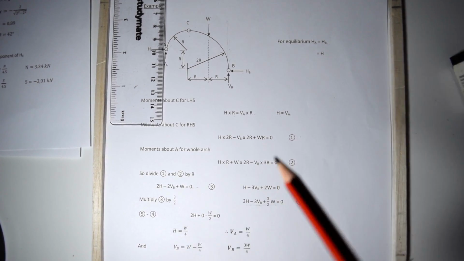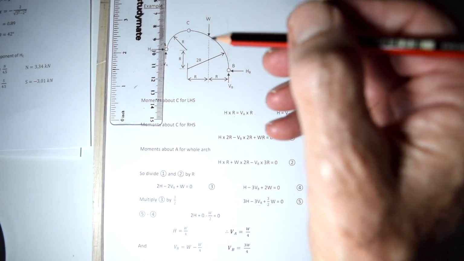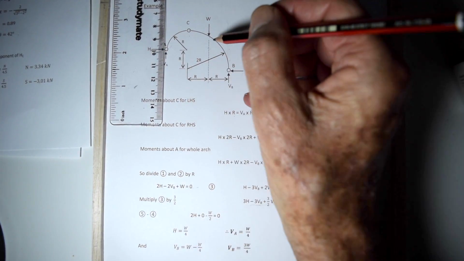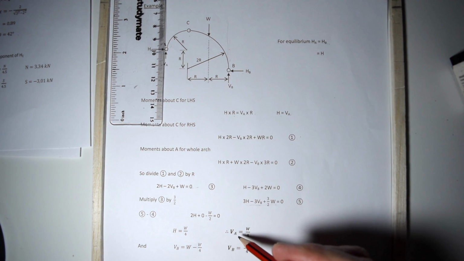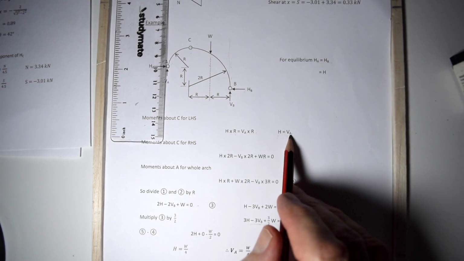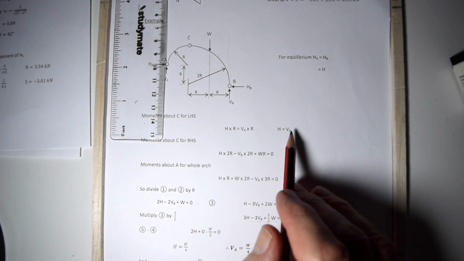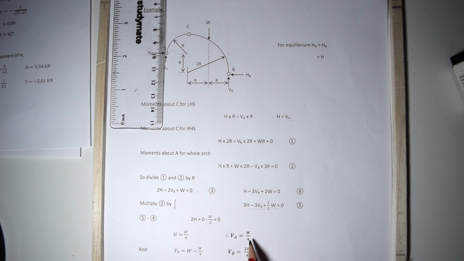So what are we saying? We're saying that H and this H over here are both equal to a quarter of the load. Therefore, VA must equal W over 4, because H equaled VA. We did that in the first place over here. So if H equals W over 4, then VA is going to equal W over 4.